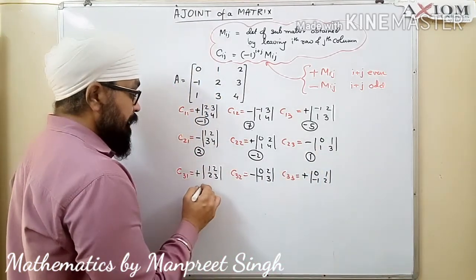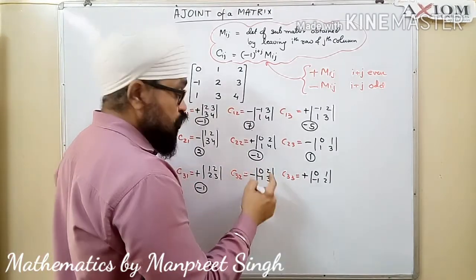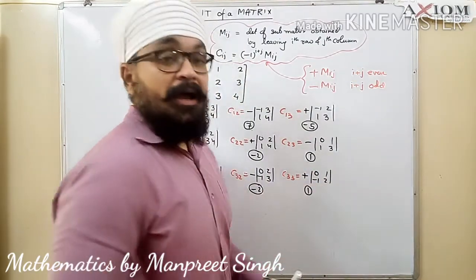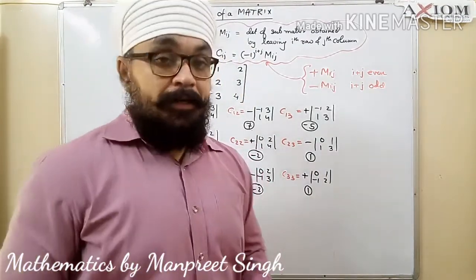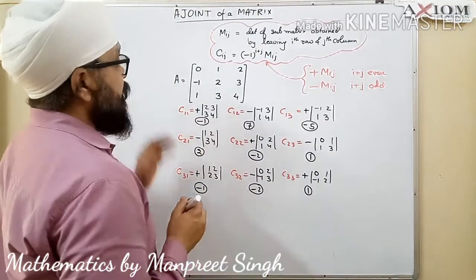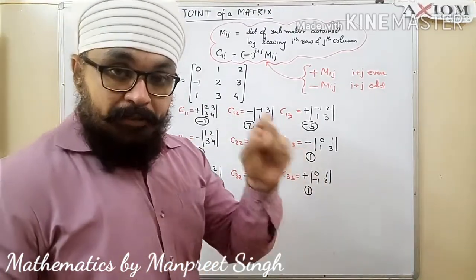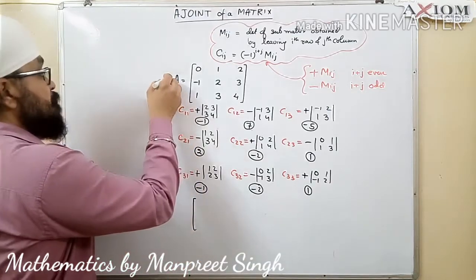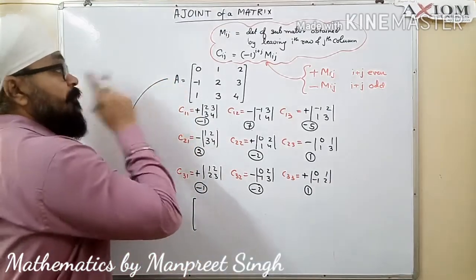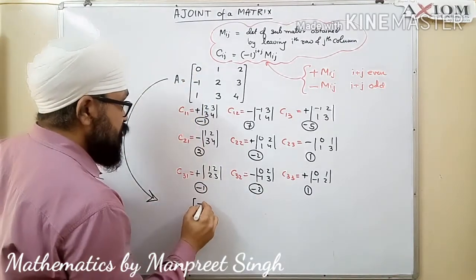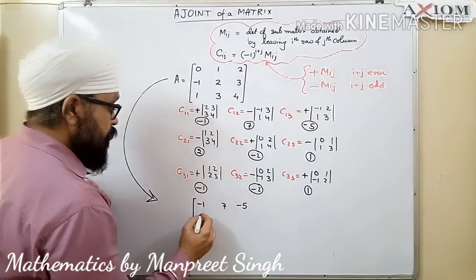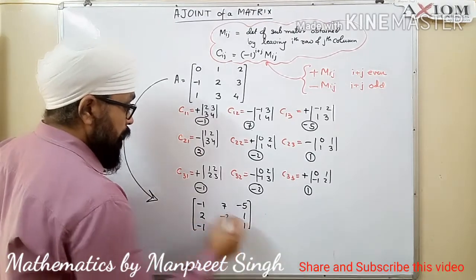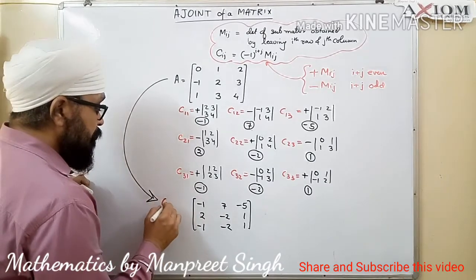This element is 3 -4 -1. This element is 0 +2, already minus is there, -2. And this one is 0 -+1. So we are having our cofactors. Now let us check this. If I write this particular matrix by replacing the matrix elements with their cofactors, look at this. I am rewriting this matrix here where the first element will be replaced by its cofactor -1, 7, -5, 2, -2, 1, -1, -2 and 1. This is known as cofactor matrix.